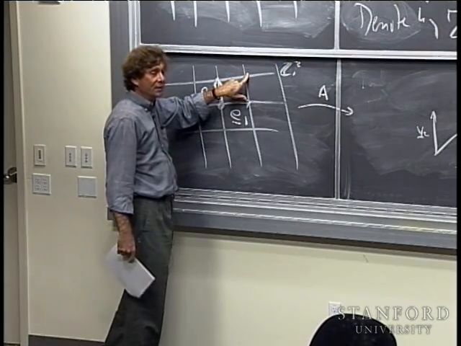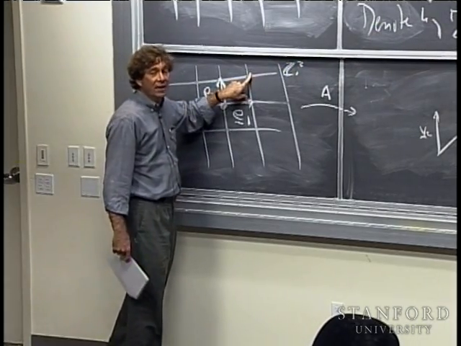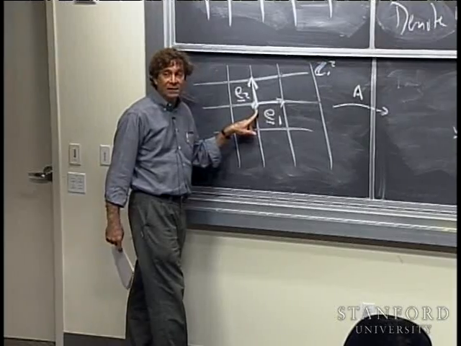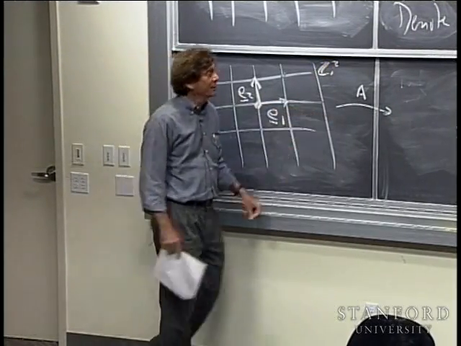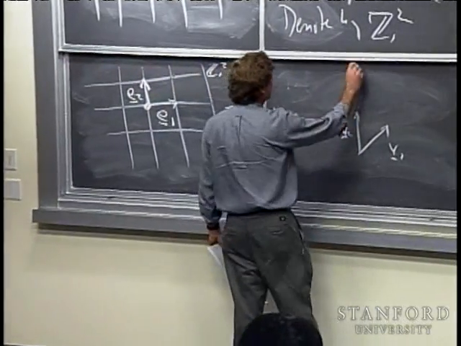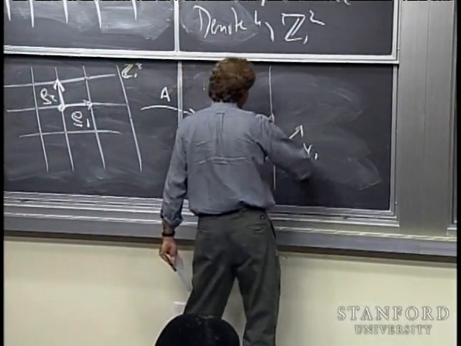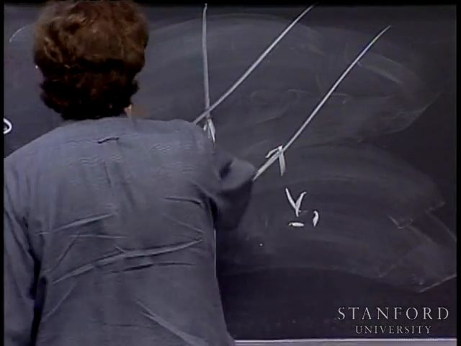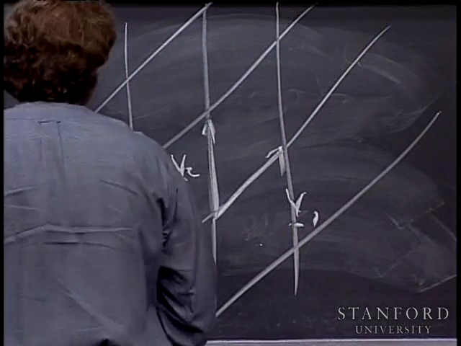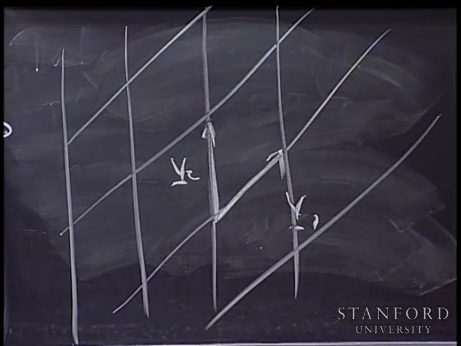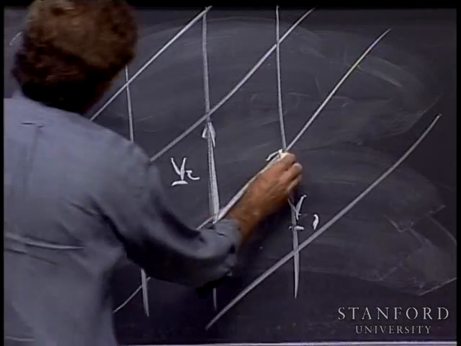So all the points in the integer lattice are just integer combinations of the basis vectors e1 and e2. Under a linear transformation, they go over to integer linear combinations of v1 and v2. So what I have over here is a picture that looks like this, where the lattice points over here correspond exactly to the lattice points over here.